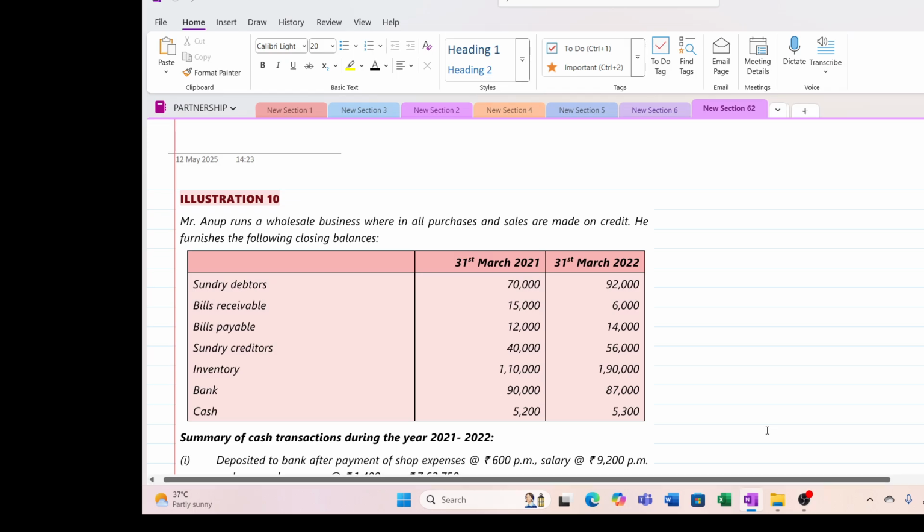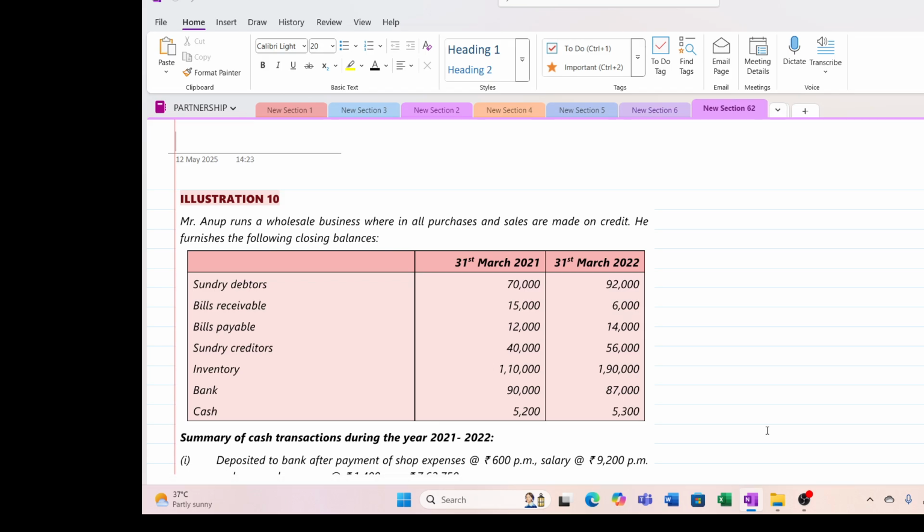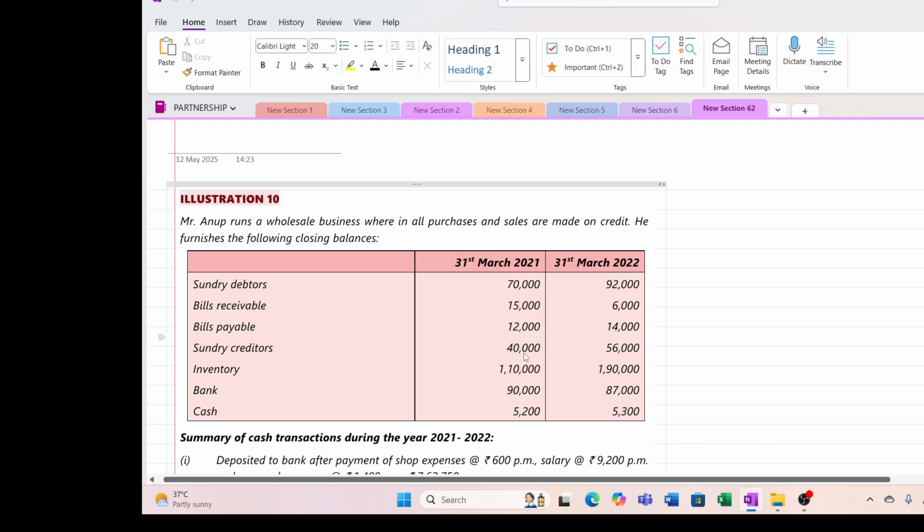First, you should understand how to proceed with such type of questions. This may come for at least 15, maybe for 20 also. First thing is that they have given all the purchases and sales are made on credit and the balances are given to you.